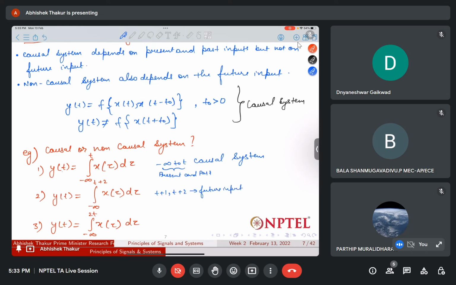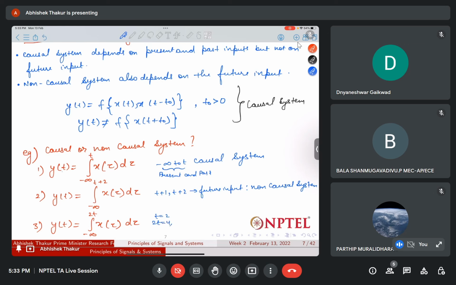Hence the output depends on the future input, therefore it is a non-causal system. And again here 2t, let's suppose t is equal to 2, then 2t is equal to 4.